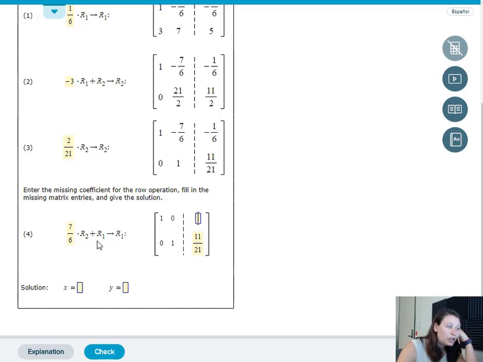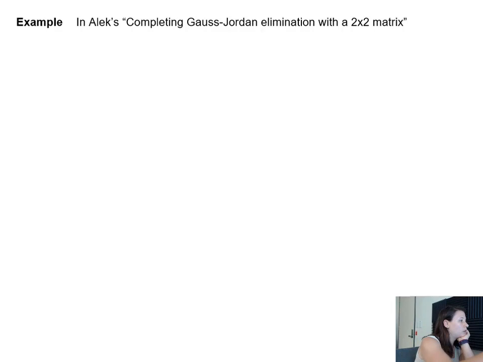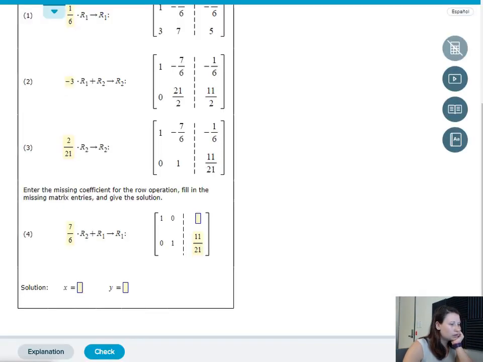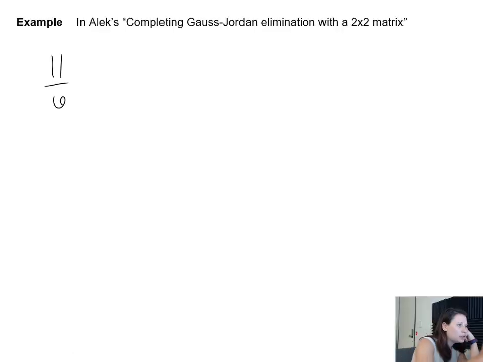Now, the top one, we multiplied by 7/6 and added it to R1. So we had 7/6 and 11/21. So this was a 7 as well. 7/6 and 11/21, right?